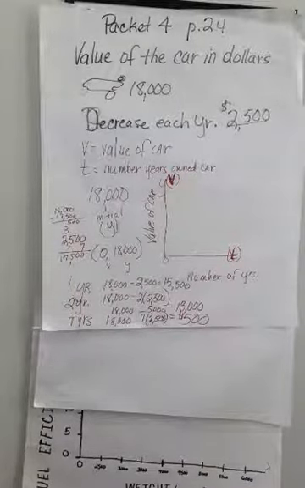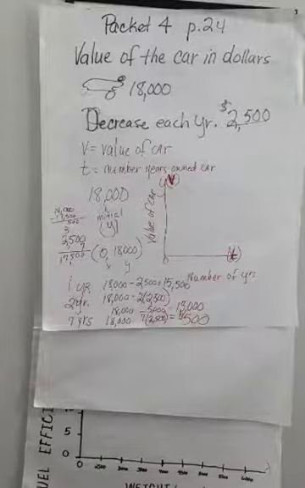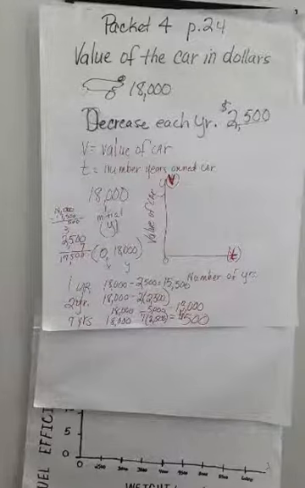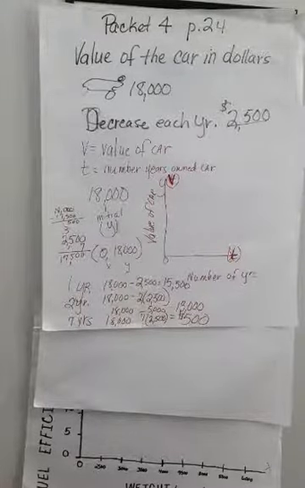It says write the linear function that models the relationship between the number of years Jenna has owned the car and the value of the car. What's the linear function? Write the linear function that models that. Okay?